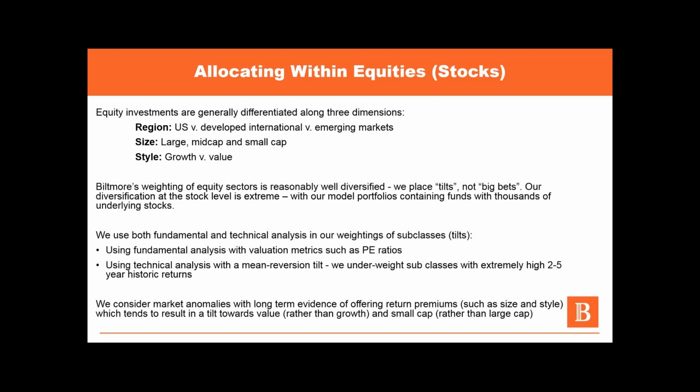Now, it's important to realize that we're not jumping between these regions with huge bets. We're taking minor tilts relative to a very well diversified exposure. In the category of equities, the primary allocation method is to allocate to each area representative of the size that they exist in the market. So large cap stocks tend to dominate markets, especially the US stock market.